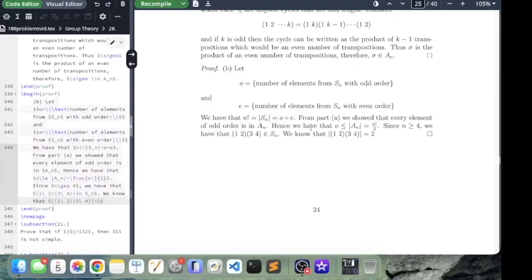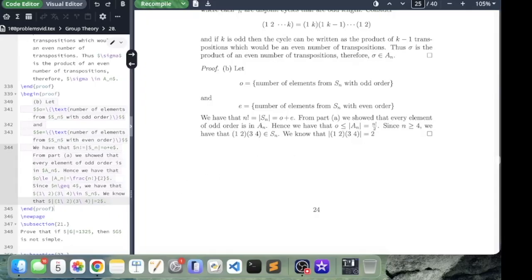Okay, so we know that An has at least all of the odd order elements, and it has an even order element.